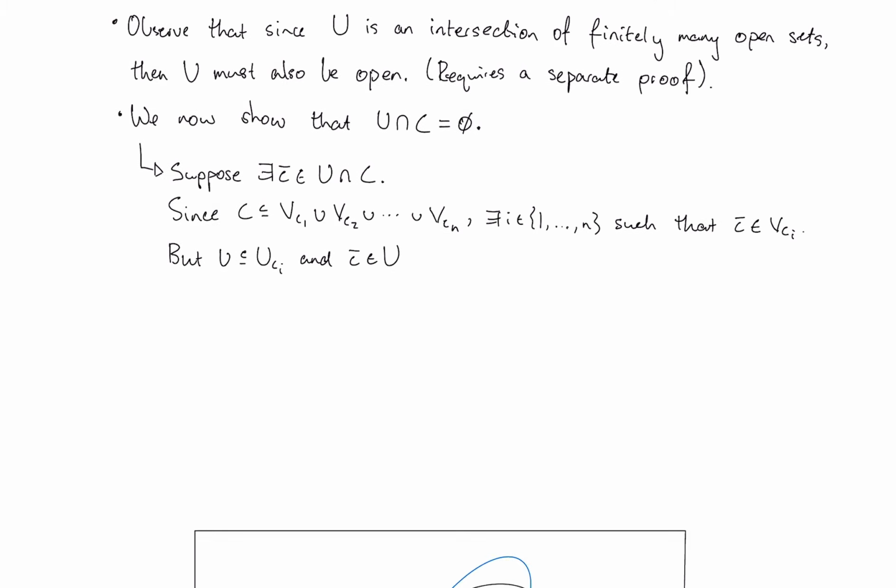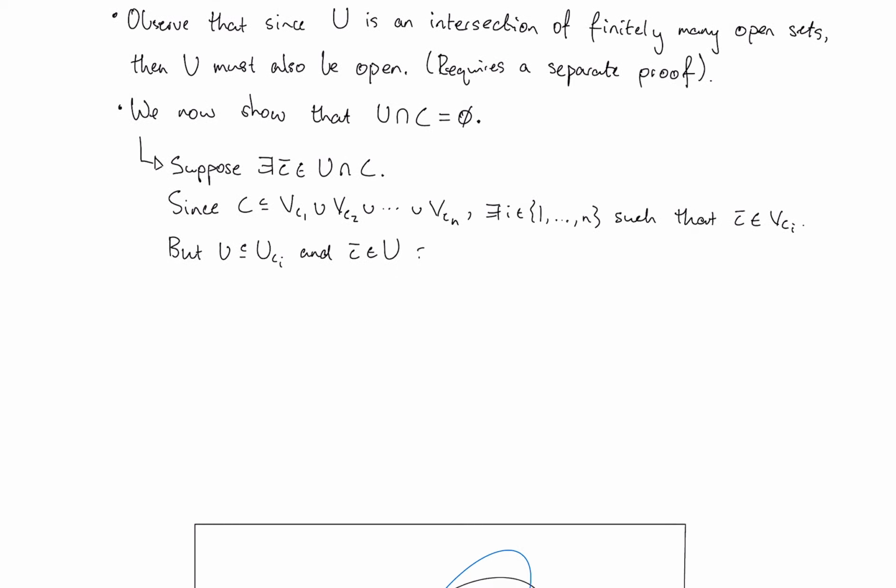And by set inclusion, we have that our point C bar must be in UCi using this and this. Well, is this possible? No. So this cannot be possible.